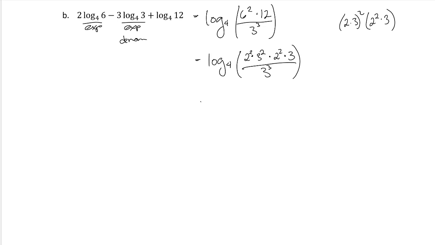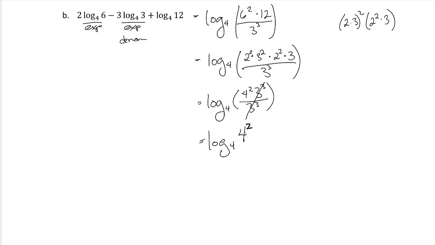If I tried to simplify this further using my power laws inside the brackets, I've got 2 squared is 4 and 2 squared is 4, so that's 4 squared. And then 3 to the power of 3 over 3 to the power of 3, and those guys cancel out. So now I've got log base 4 of 4 to the 2.